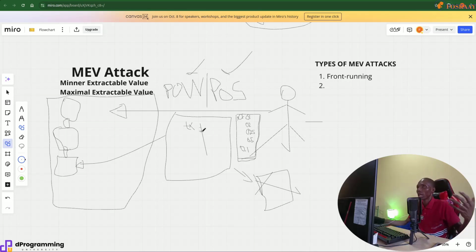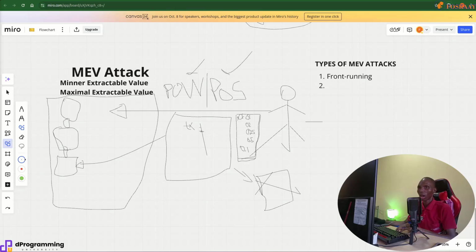You can also think of it like arbitraging as well. When an exchange is selling at this price, think of a decentralized exchange, for example, they can easily get their own transaction ahead, which is what is called front running. So it's like people having some info that you don't have, which makes them quickly come ahead of you and push your own transaction down. And usually this happens with miners, bots, and things like that. So that's front running.